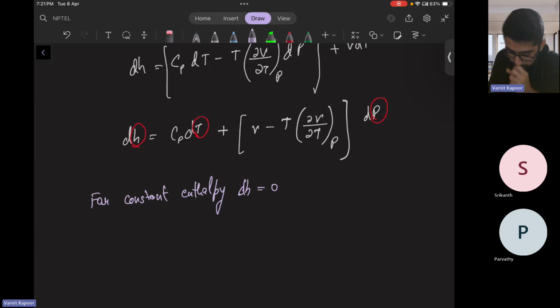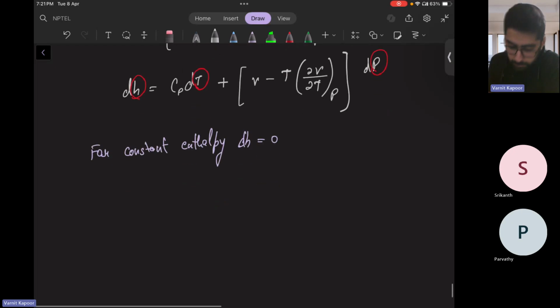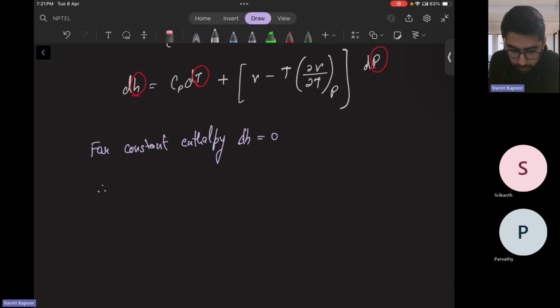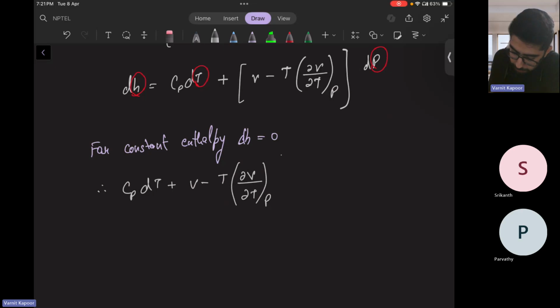So equate the above equation to 0. Therefore, the above equation Cp dt plus (V minus T dou V by dou T at constant pressure) dP is equal to 0.